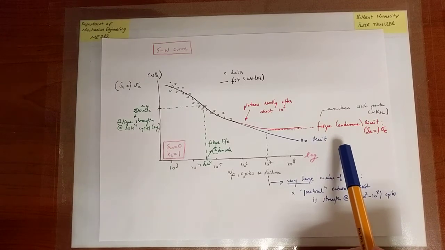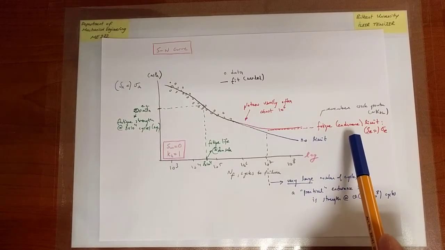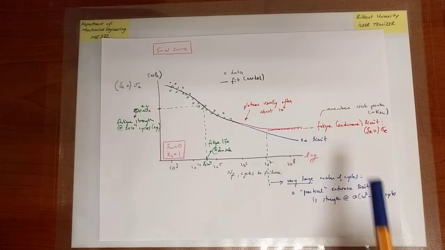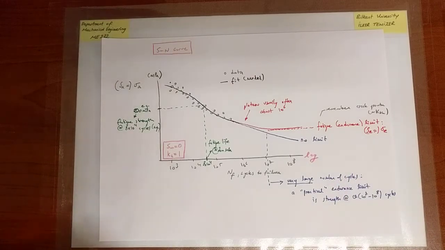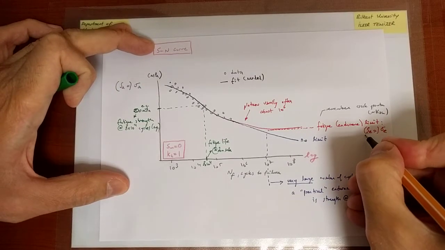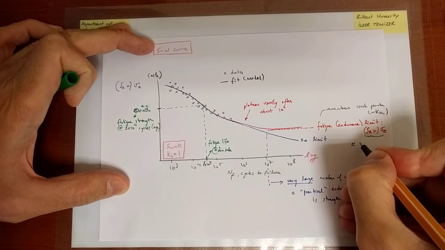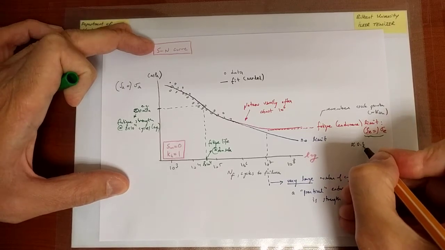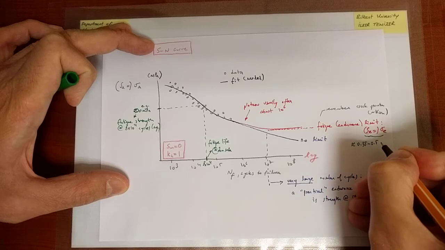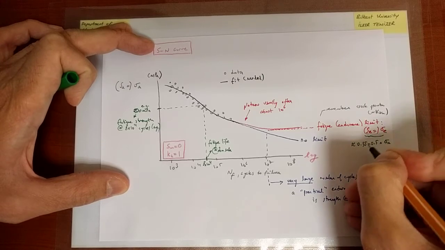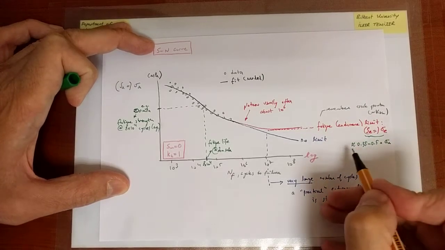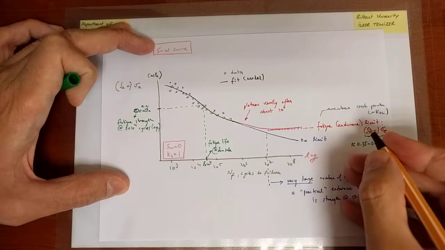Now, in such cases, one might also be interested in modeling what that limit is. And it turns out that this limit is somewhere in the range of 0.35 to 0.5 times the ultimate strength of the material for many different types of metals.